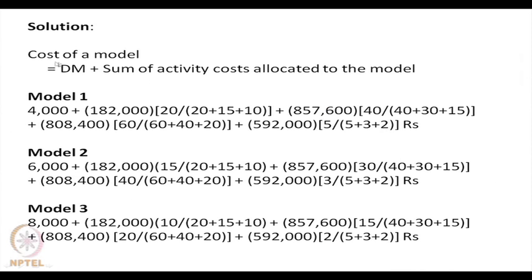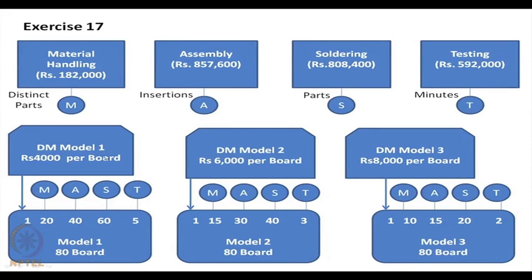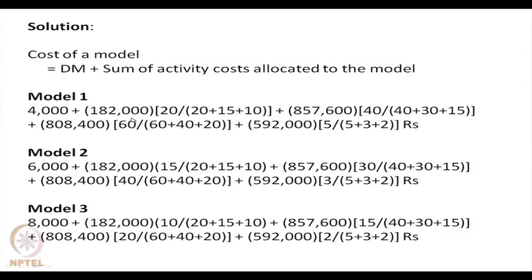Now, we are giving the solution. Cost of a model is direct material plus sum of activity costs allocated to the model. Now, for model 1 this is 4000 plus 20 into 182,000, multiplication 20 divided by 20, 15 and 10.